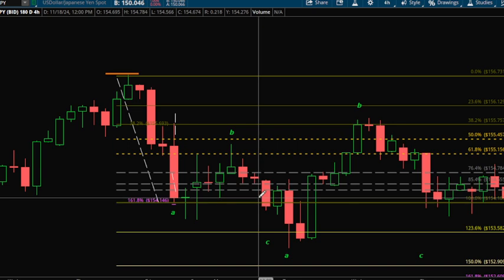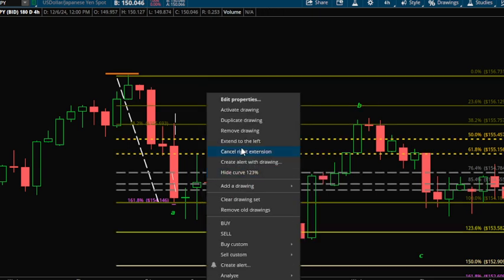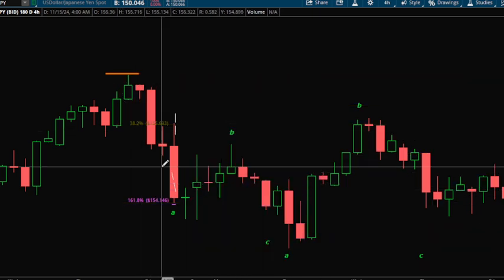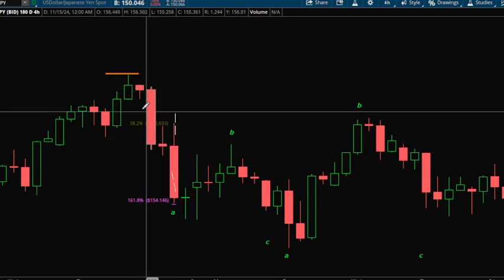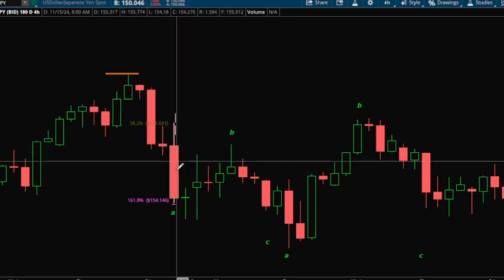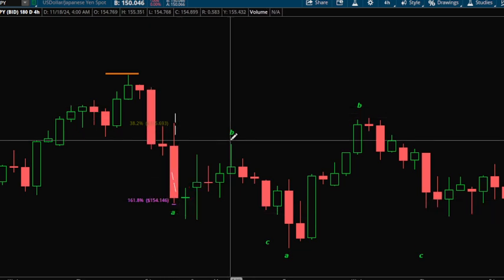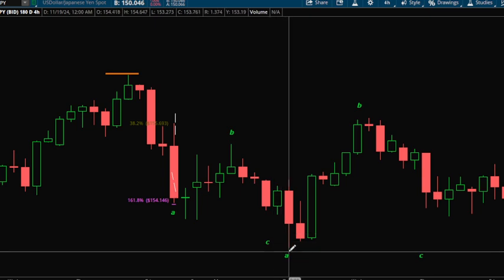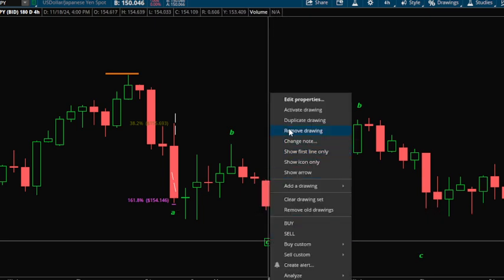So if you're trading this live, real time, we got to recap, the only thing we have for sure is that we've got an A3, kind of a double zigzag for an A, and we have a B, and we have a C here. I think the C's in the wrong spot.